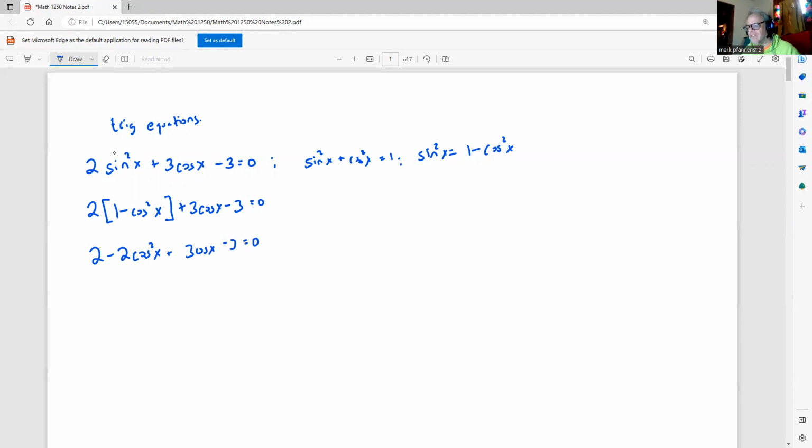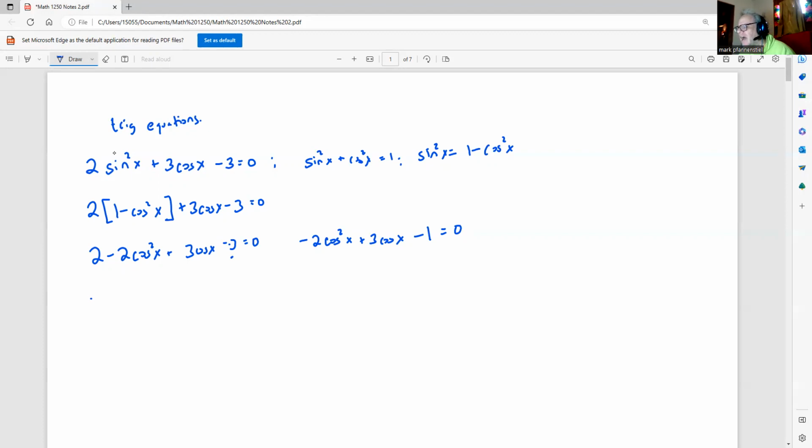Now I'm just going to rearrange this a little bit. We're going to have a minus 2 cosine squared x, just put it in descending order, plus 3 cosine x. And then we have a plus 2 minus a 3 here, so we have a minus 1 equals 0.